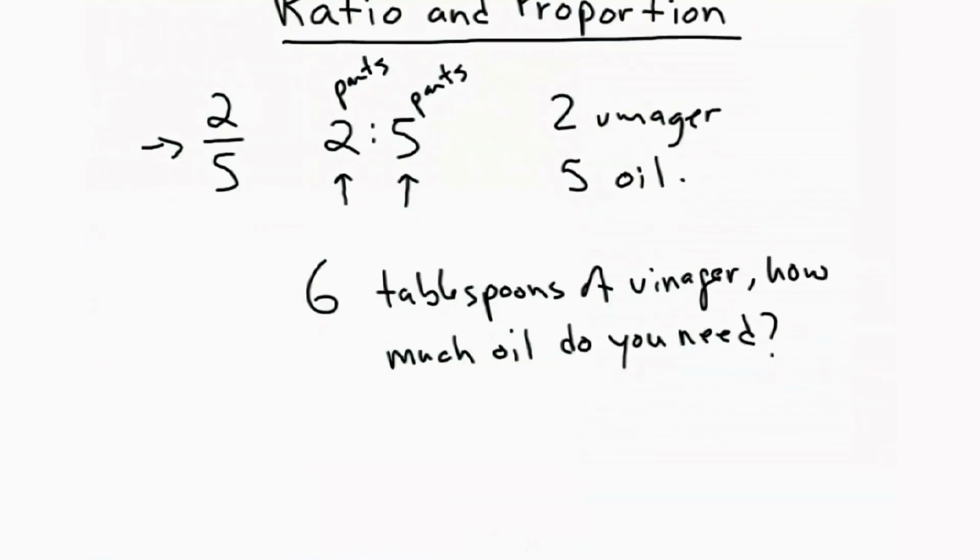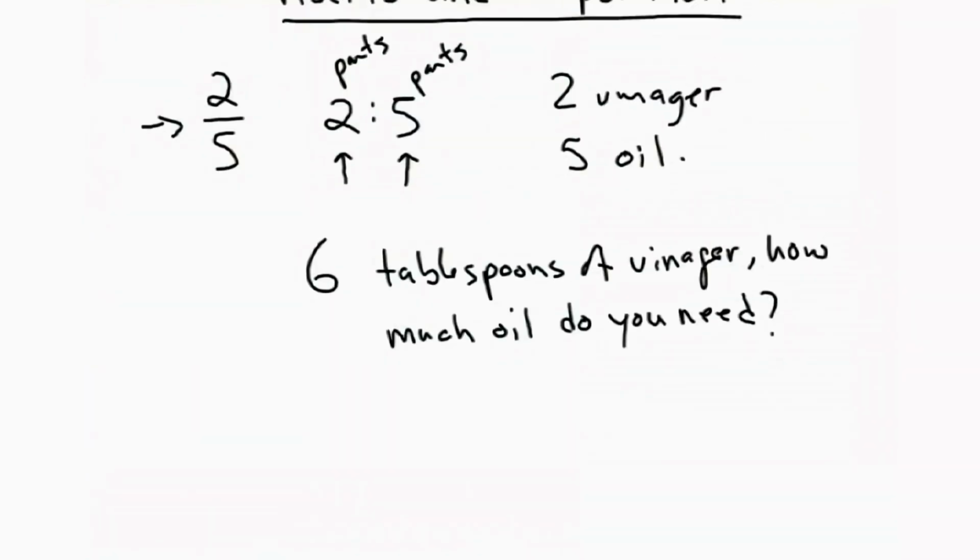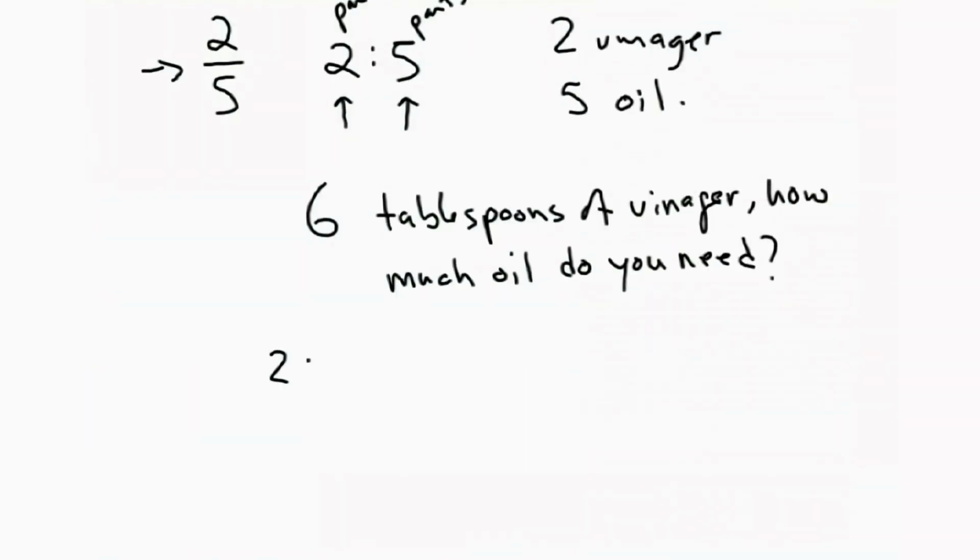We can set it up like this. We know that it's 2 to 5. It's 2 parts vinegar to 5 parts oil. So this side of the ratio, or the proportion, is the vinegar. And now we need 6 tablespoons. So how much oil then do we need if we need 6 tablespoons of vinegar?